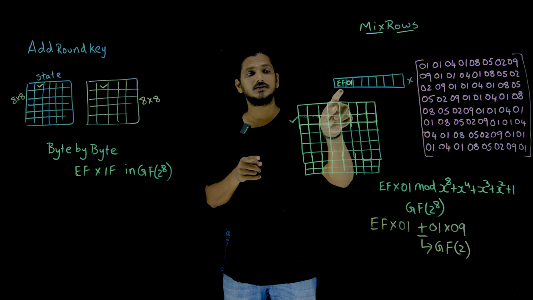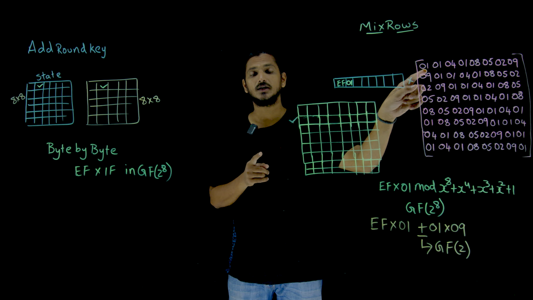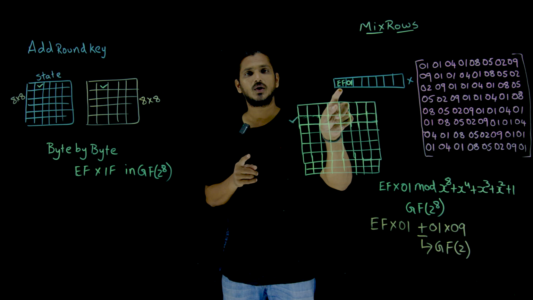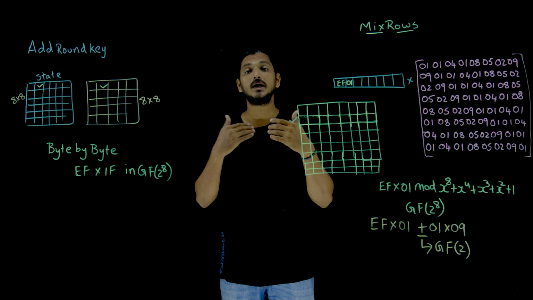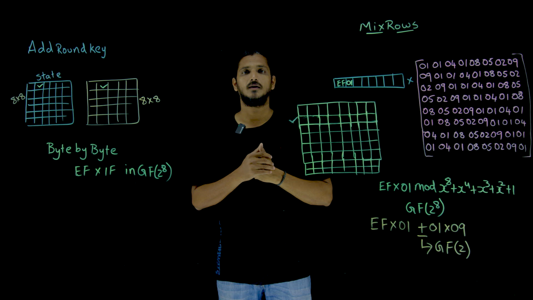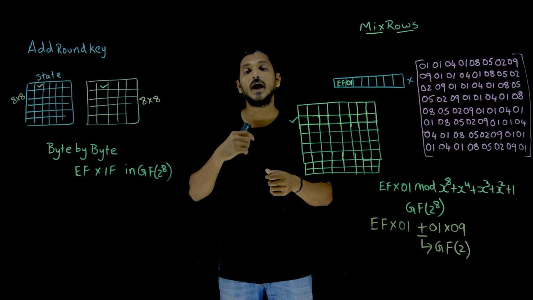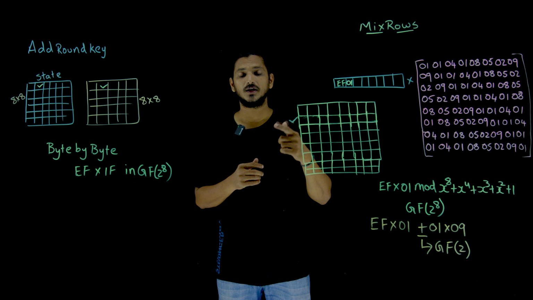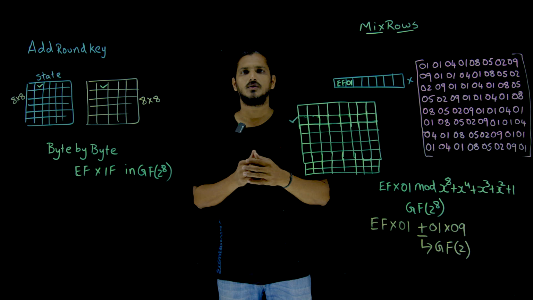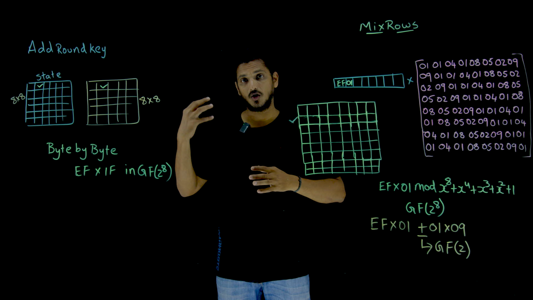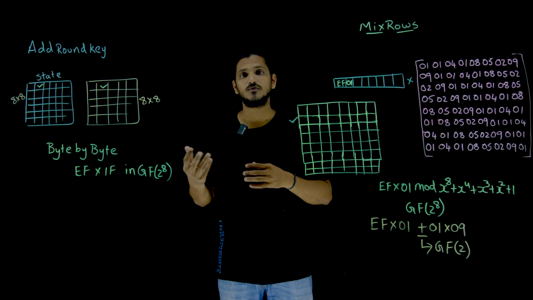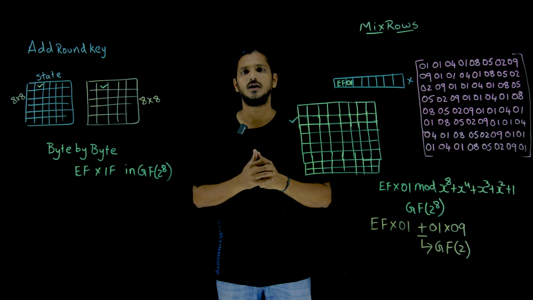These are hexadecimal numbers, so this is 1 byte, this is 1 byte. It is byte by byte multiplication, and it is done using GF of 2 power 8. I hope you already know, we have already discussed GF of 2 and GF of 2 power 8.